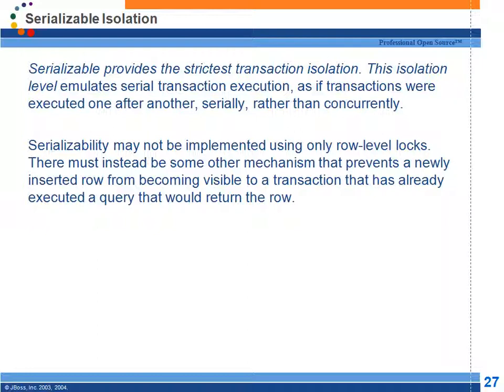What do I mean by isolation levels? Each transaction should be isolated from the others. Even though there are 2 or more transactions, each transaction should feel that it is the only one working on the data set, right? So isolation can be achieved through locking.